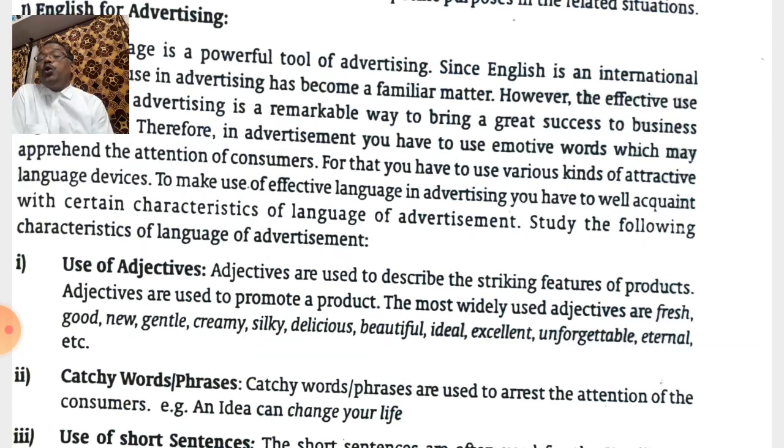You should use different kinds of adjectives. Adjectives are used to promote that product. And the most widely used adjectives are fresh, tasty, good, new, creamy, silky, delicious, beautiful, ideal, excellent, unforgettable, eternal, etc.